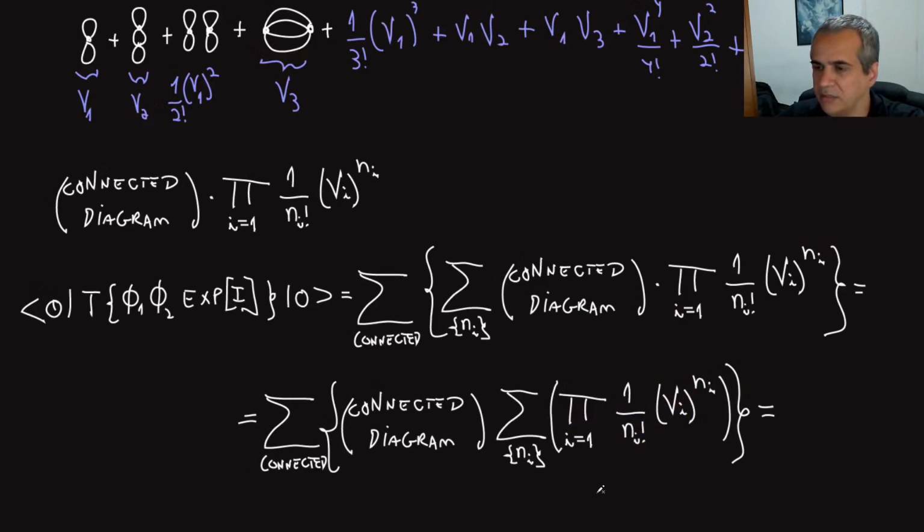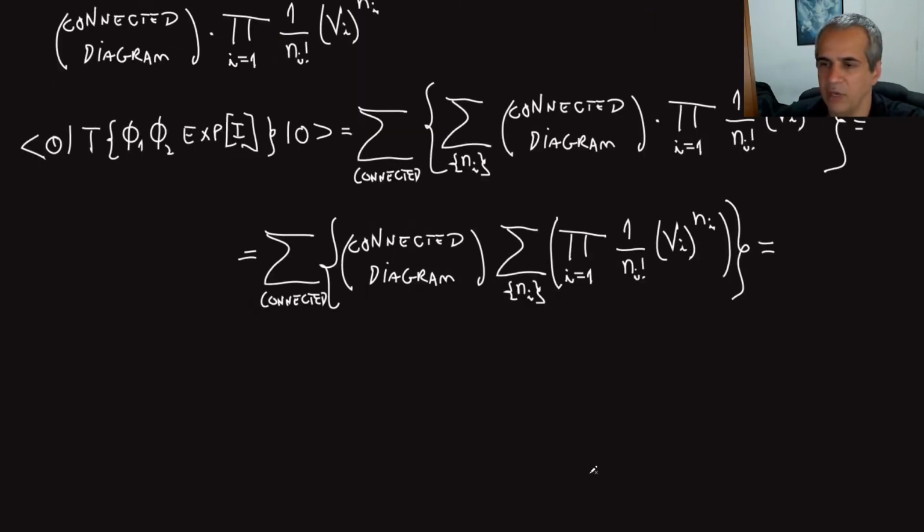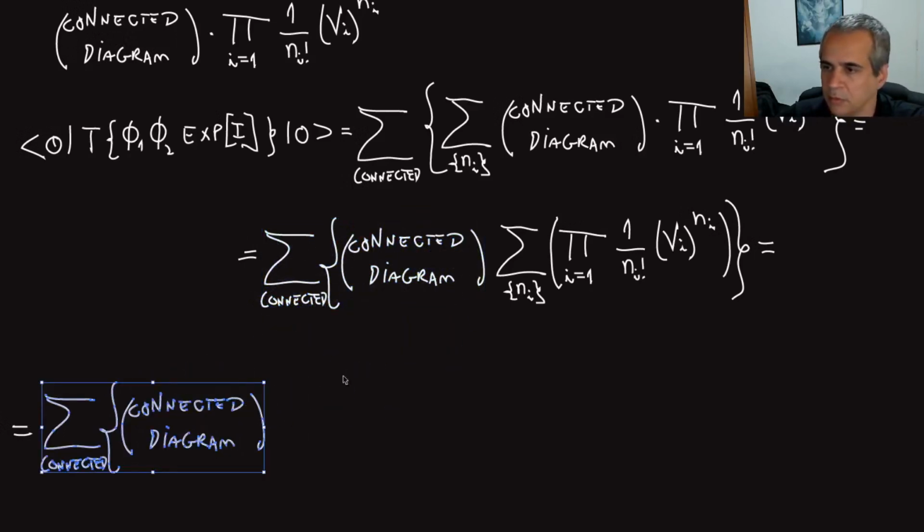I can make this very convenient if I notice that I can exchange the order of this product with this sum, right? I can easily rewrite that as the sum over these connected diagrams. So this is always here, but this part I could write as just something that looks like this, right?